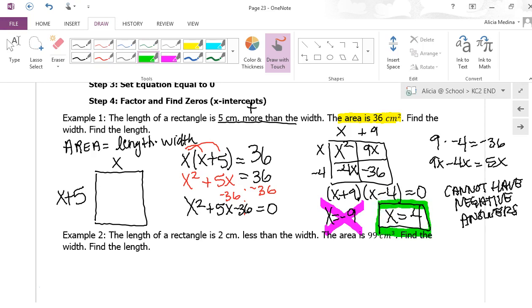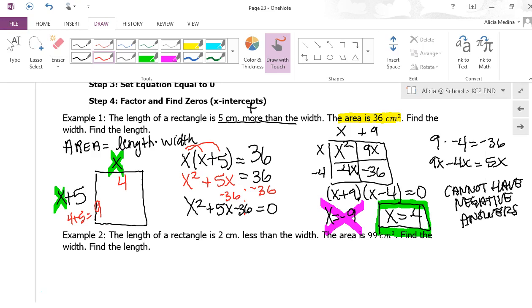So if I'm saying x is 4, I'm going to plug it in where I see x and where I see x. So my width is just 4, right? And my length, well, that's going to be 4 plus 5, which is equal to 9. Right? So my width is 4, my length is 9.